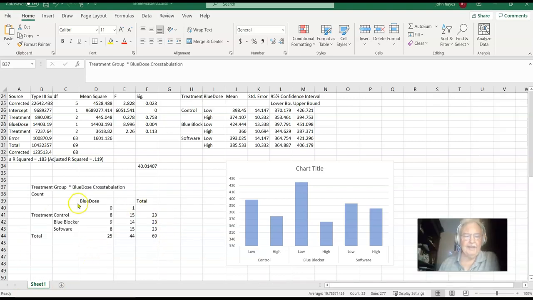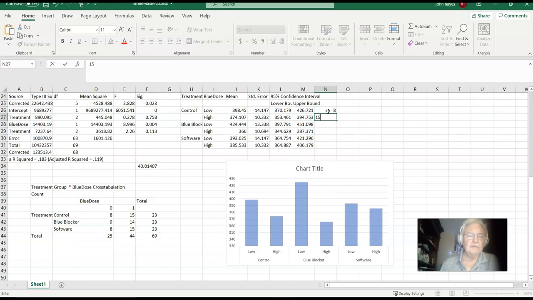Okay, let's try that again. I got this to copy in there. And so we have control, blue blockers, and software, and high and low dose. So for n, we're going to have 8, 15, 9, 14, and 8, 15.